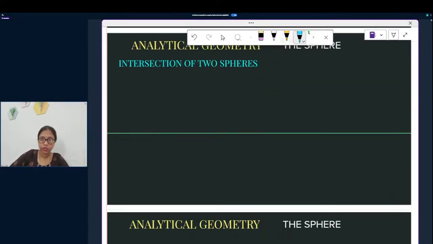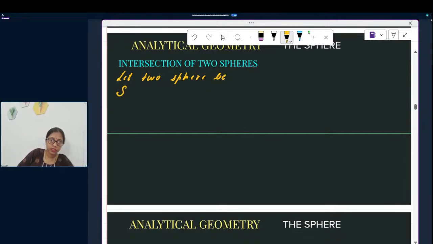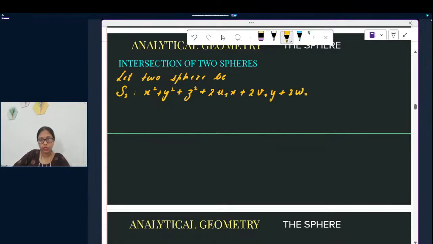So first let me write the equation. Here I'm dealing with two spheres. So let two spheres be. First is S1, let's say, which is x square plus y square plus z square plus 2u1x plus 2v1y plus 2w1z plus d1 is equal to 0.